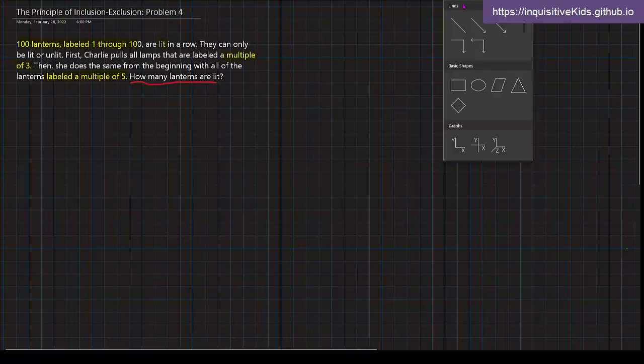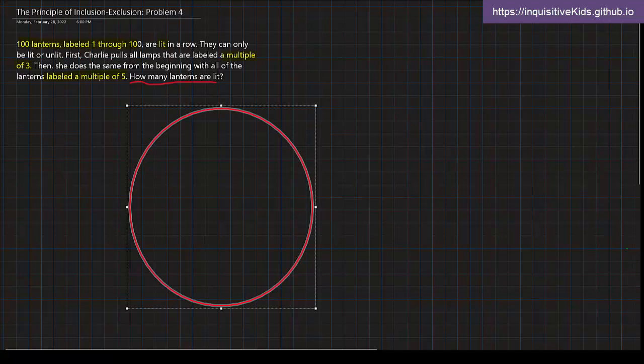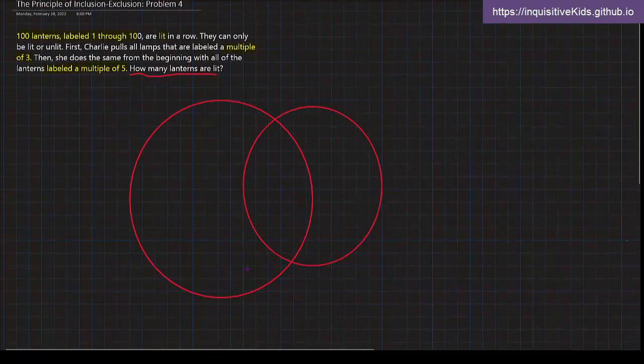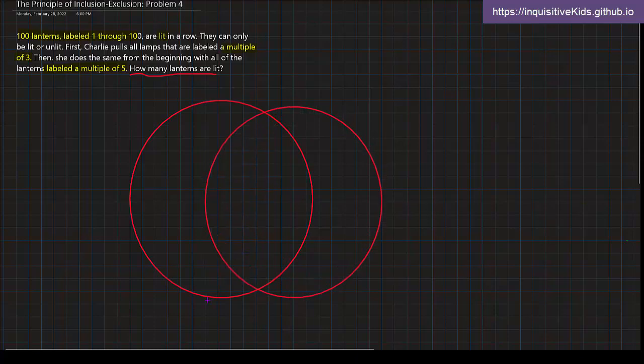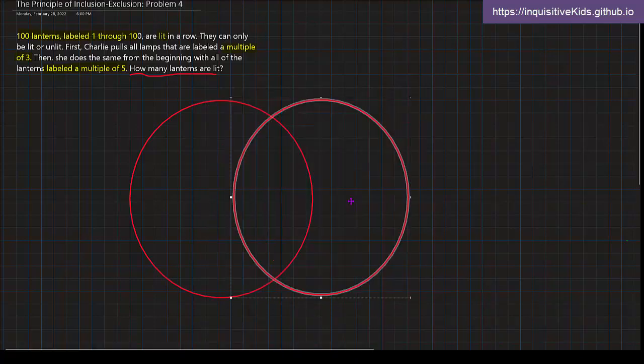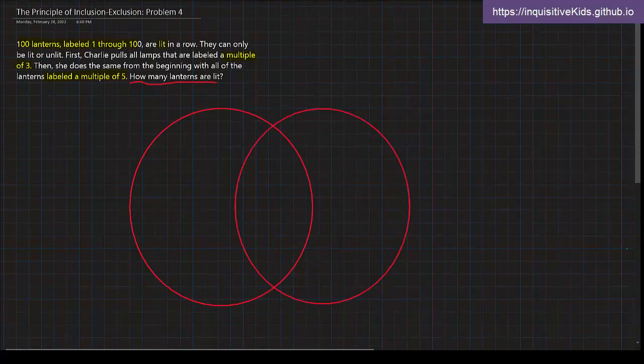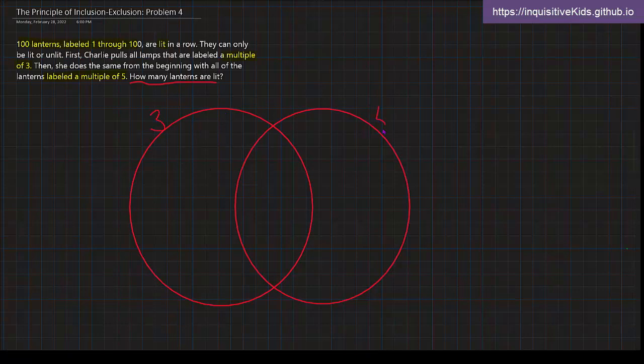Okay, so now I'm going to be creating my Venn diagram, of course. So I have 2 circles, and over here will be a multiple of 3 and a multiple of 5.